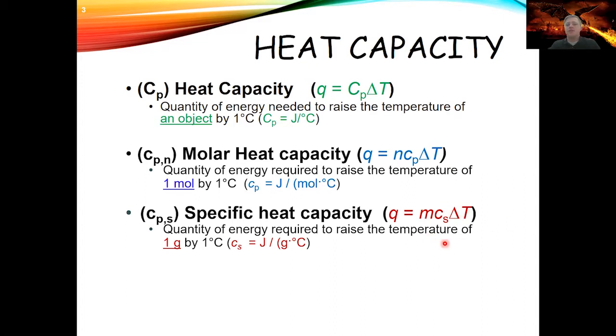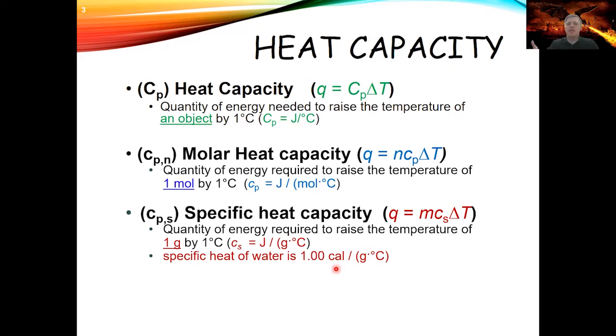So if you're dealing with 10 grams of iron, and you want to know how much to heat it up by, you can use the specific heat capacity, and that lets you not have to convert into moles. Now, a number that you should know is the specific heat capacity of water, which is 1 calorie.